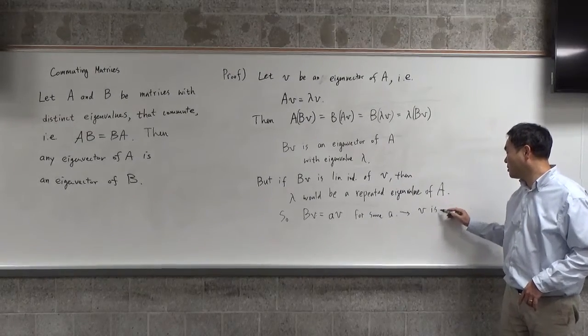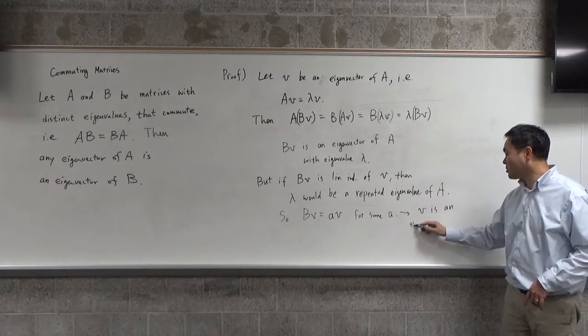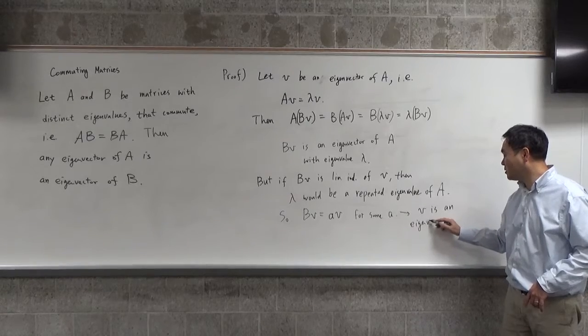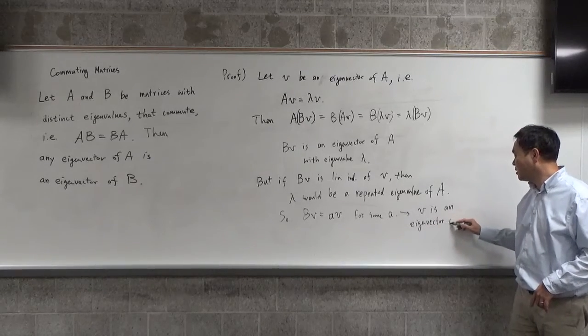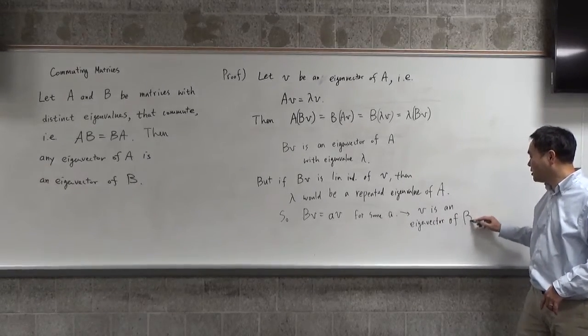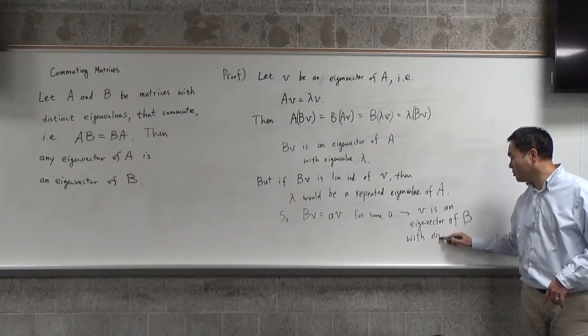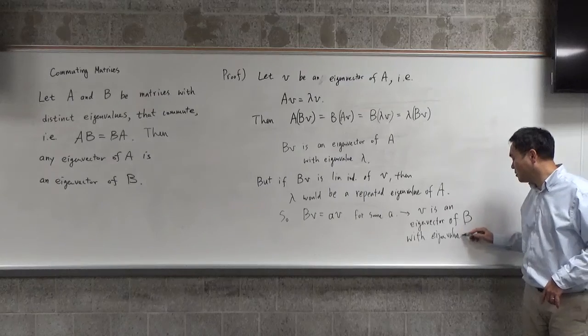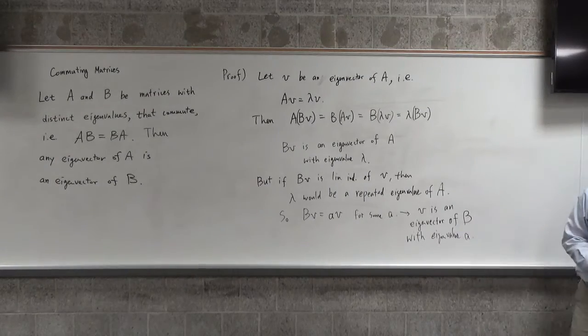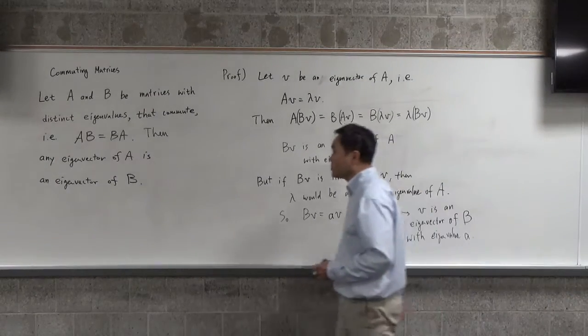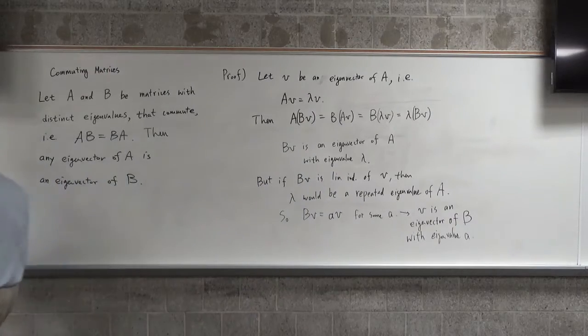V is an eigenvector of B with eigenvalue A. Okay.